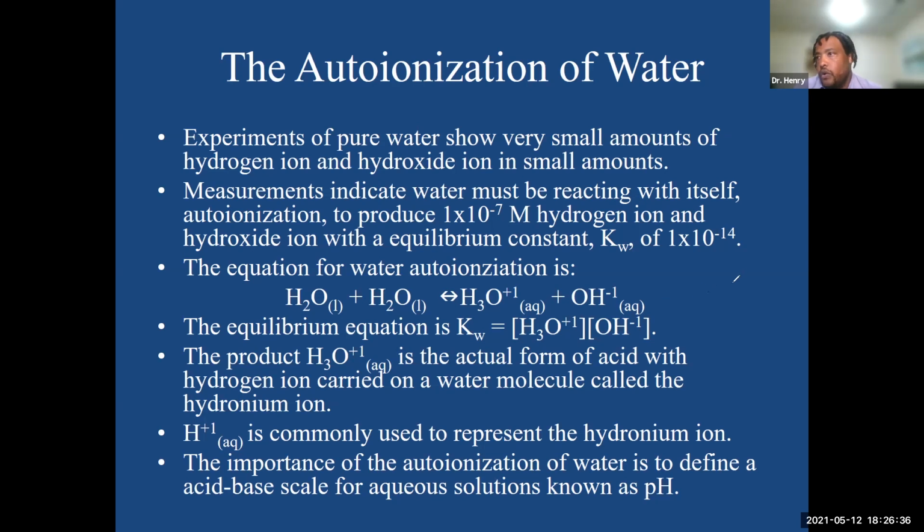Okay, so if we take a look at that, 1 times 10 to the minus 7 times 1 times 10 to the minus 7 is going to equal our equilibrium constant for water, which is always going to be 10 to the minus 14.